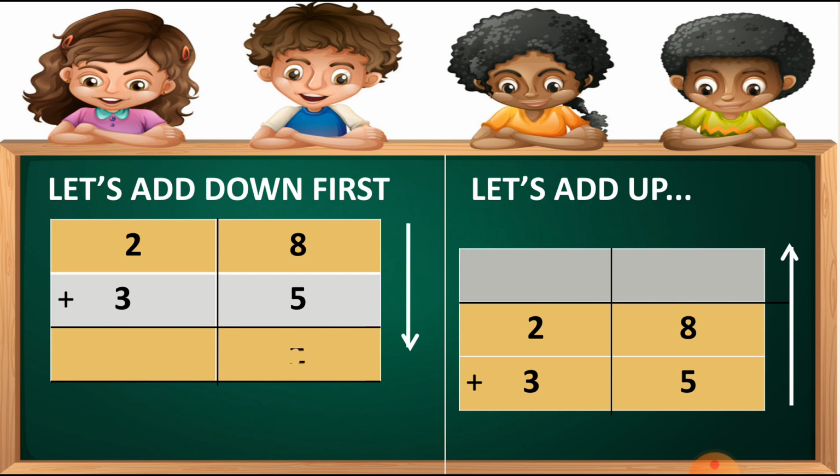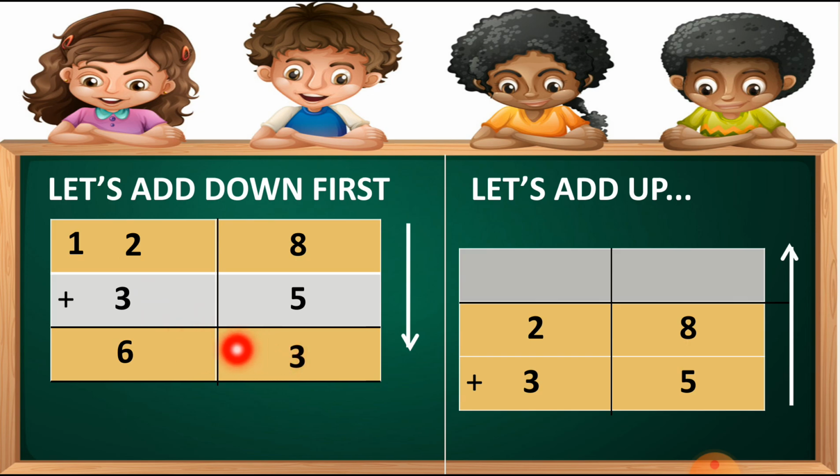So let's write number 3 first, and the 1 will move as a carry forwarded number at the tens column. You can see here. Now students, let's move to the tens column, which is 2 plus 3 and plus 1, which is the carry forwarded number. So the answer of the tens column is 6. So our answer is 63.